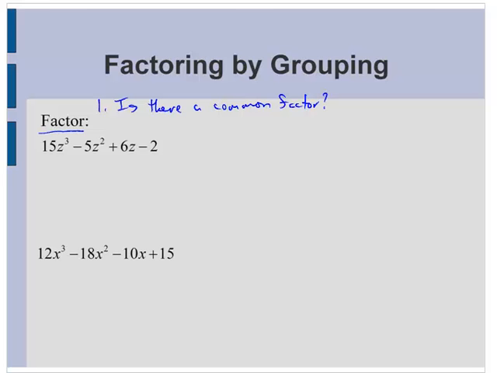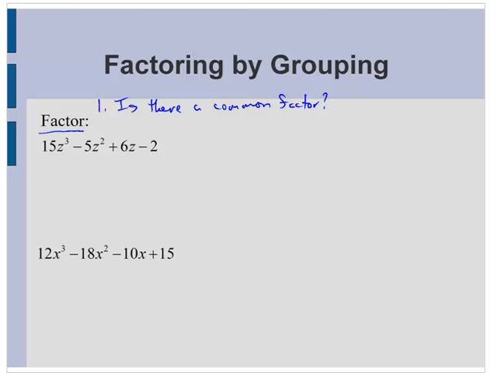So we look over them, and you might try and write out the prime factorizations, but there is no common factor among the entire expression. Okay, now let's introduce a new technique. Since there are 4 terms, we're going to use this factoring by grouping. We're going to try this out.